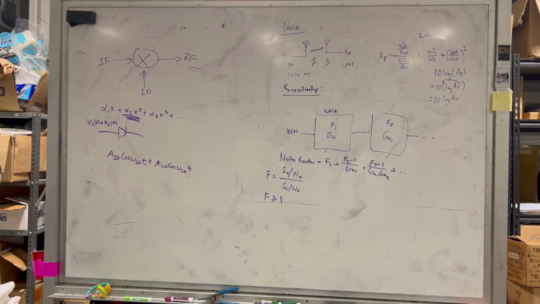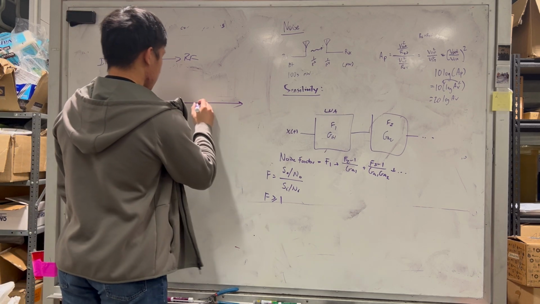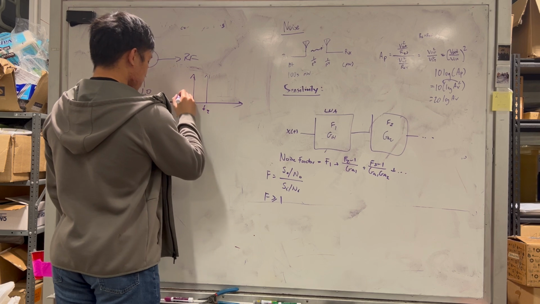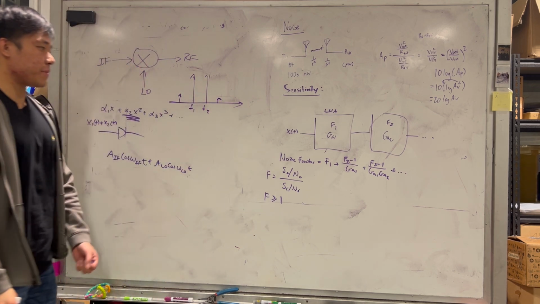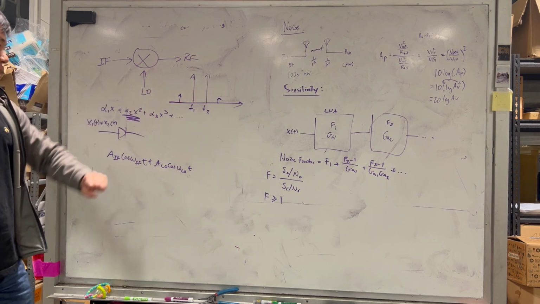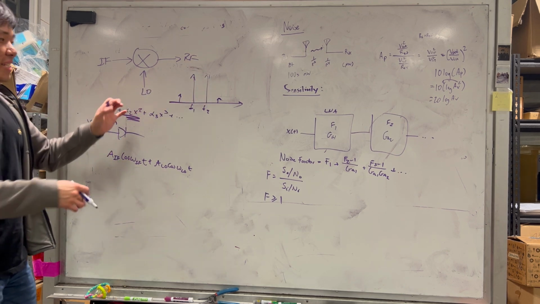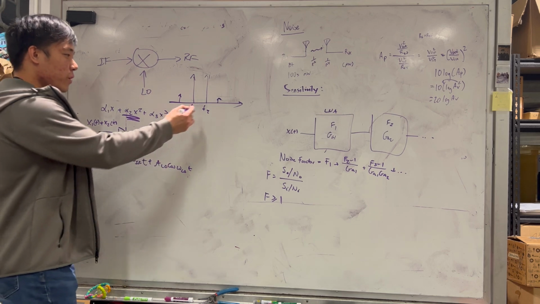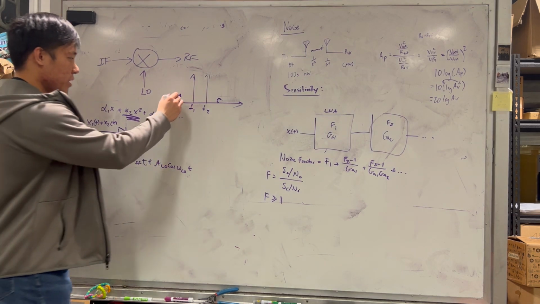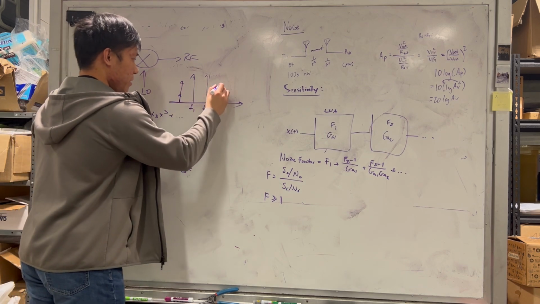And if those are comparable, you can think about just a system like this. For small IF, actually you won't see this, right? Because it's isolated. But let's just pretend it's not isolated for now, right? If you have IF and LO really large, then this will also be larger, right?